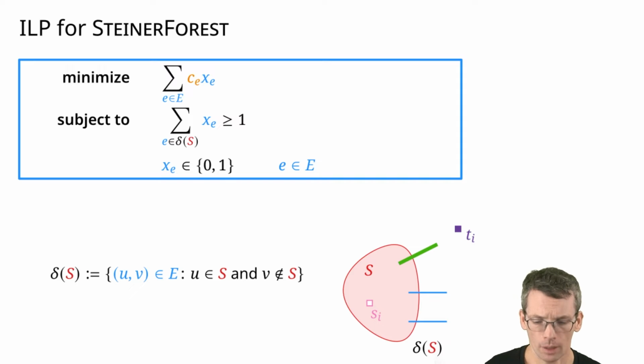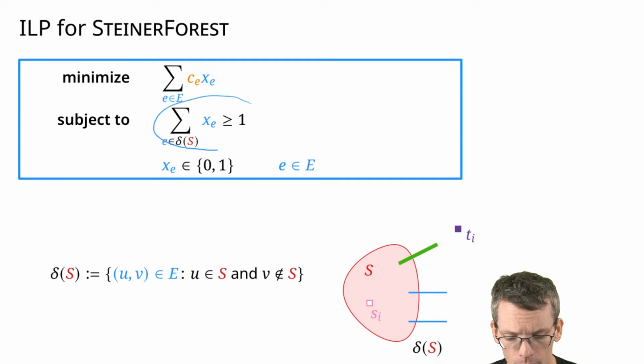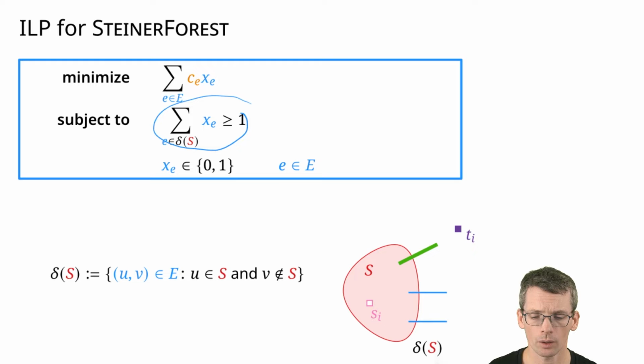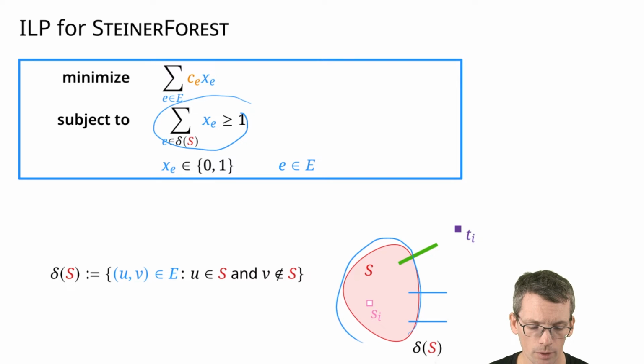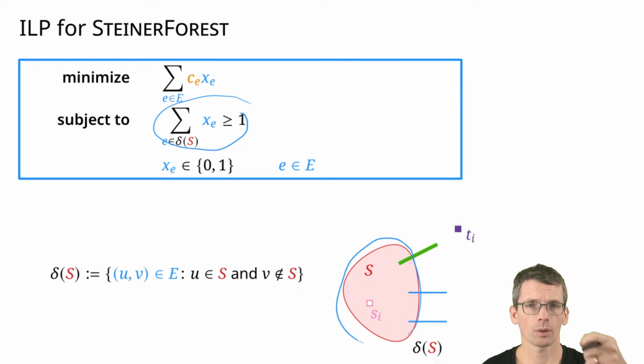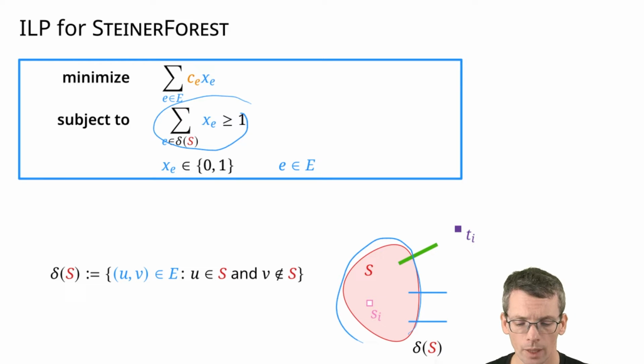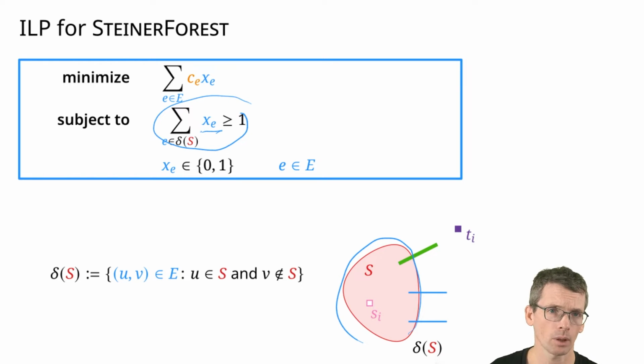That means what I want to have is this constraint. If I take the sum of edges in delta S, so the edges that go out of this component, I want to select at least one, meaning the sum of those x_e should be at least one.